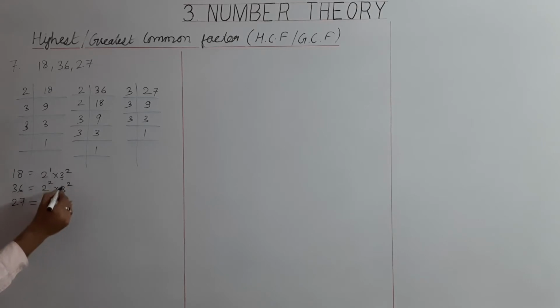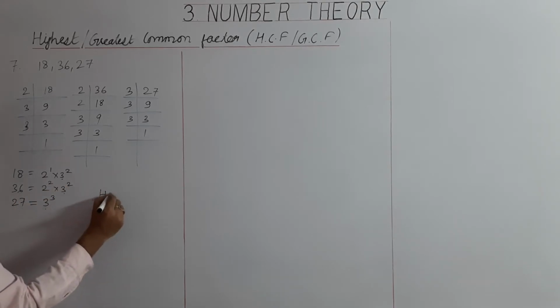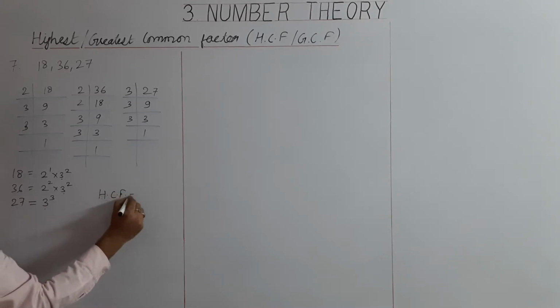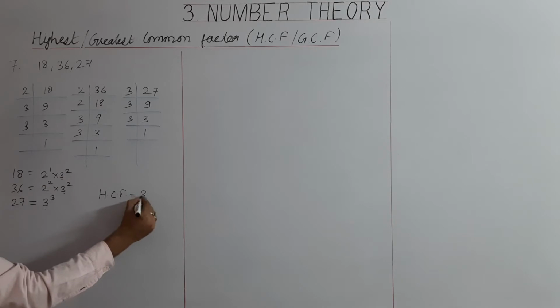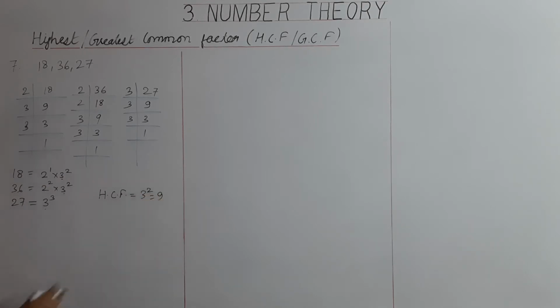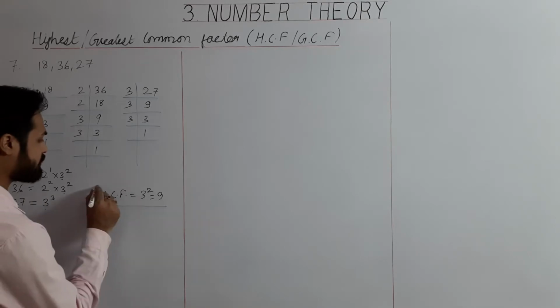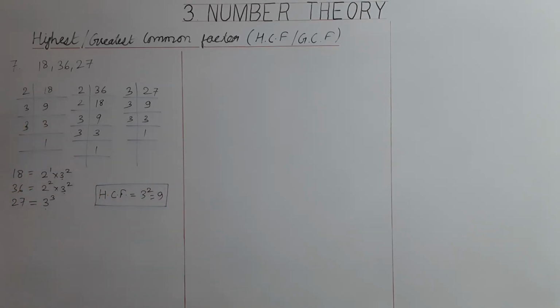Here only 3 is a common factor, so HCF is greatest power of common factor. 3 to the power of 2, 3 to the power of 2, 3 to the power of 3. So the greatest common power of 3 is 2. So the answer is 3 to the power of 2 equals 9. HCF is 9.